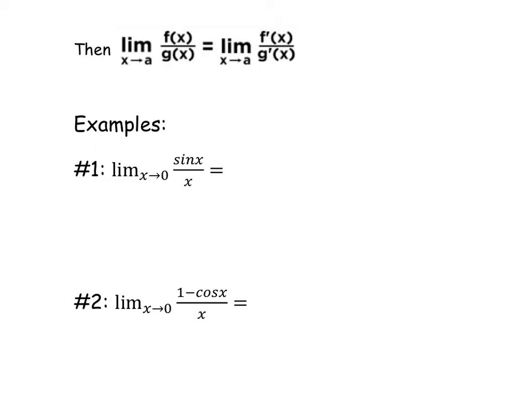The limit as x approaches 0 of sine x over x. We don't ever technically want to write 0 over 0, so I'm going to evaluate the limit of the top, and as x goes to 0, sine x goes to 0, and the limit of the bottom also goes to 0.